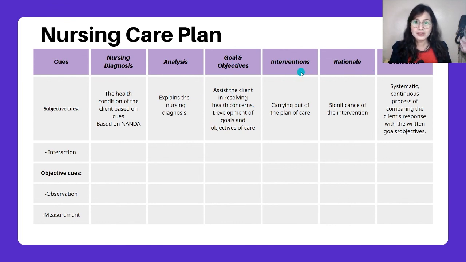After intervention, you have rationale. Rationale reflects the significance of each nursing intervention. And finally, for the 7th column, you have the evaluation. This is a systematic, continuous process of comparing the client's response with the written goal and objectives.